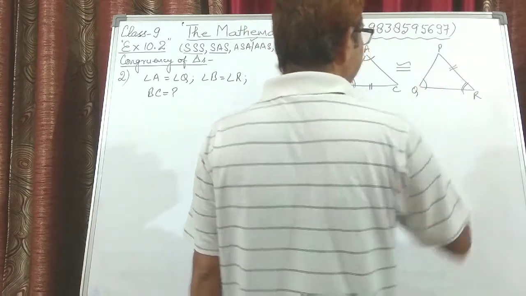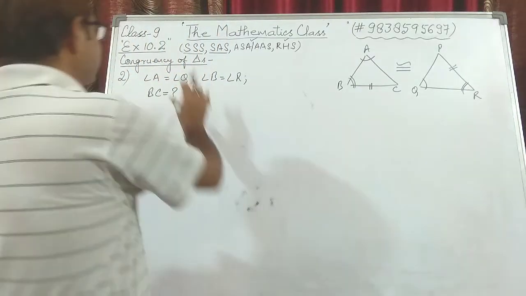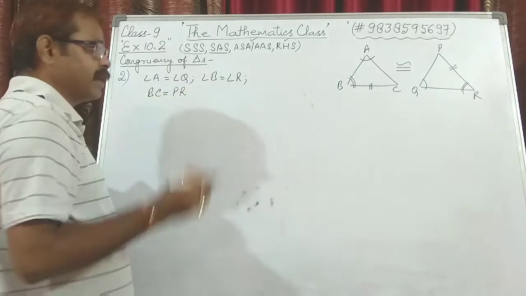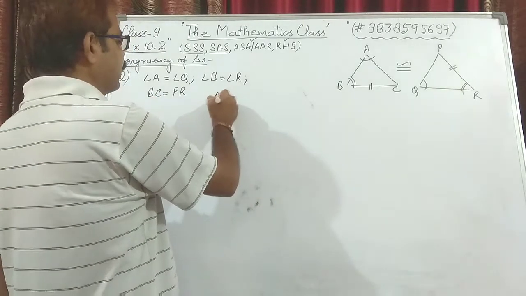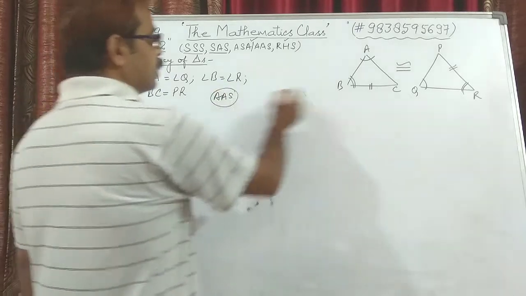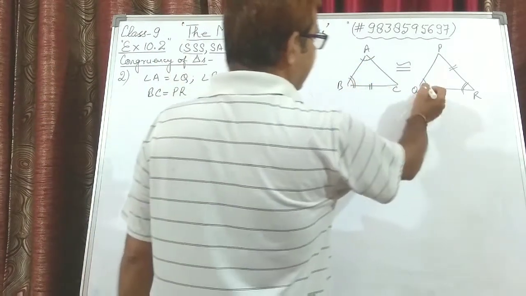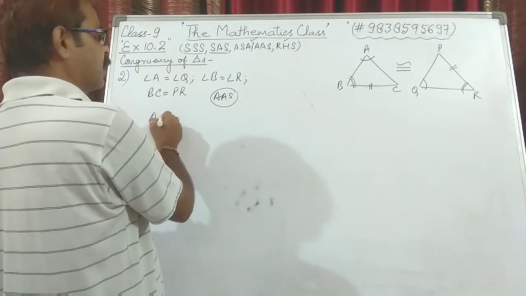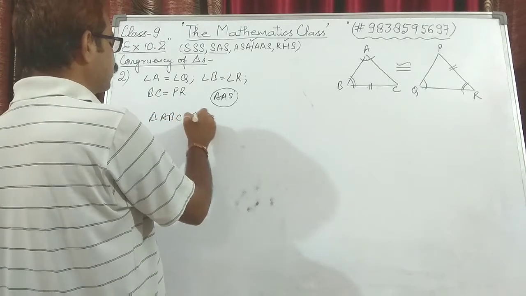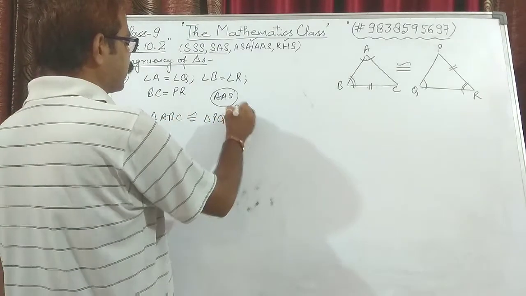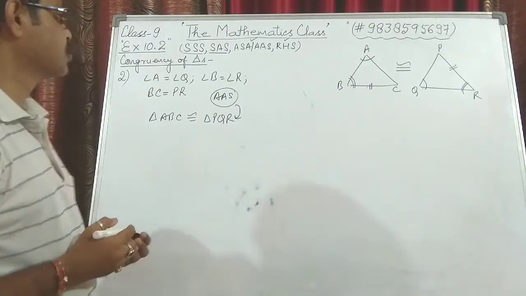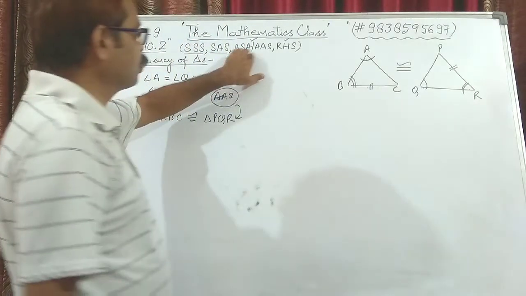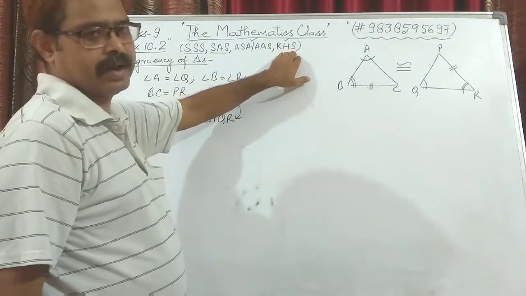So we can say that BC should be equal to PR, such that it follows the rule of AAS: angle, angle, side. So triangle ABC will be congruent to triangle PQR because of this rule. So now in the questions you have to use the ASA rule or AAS rule or RHS rule.